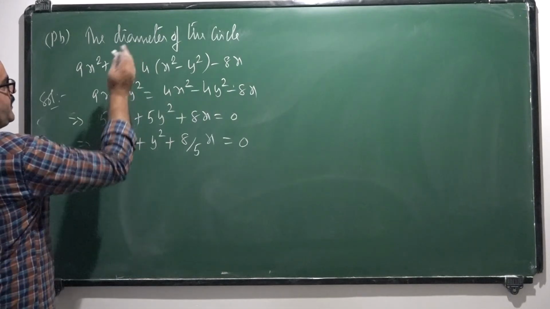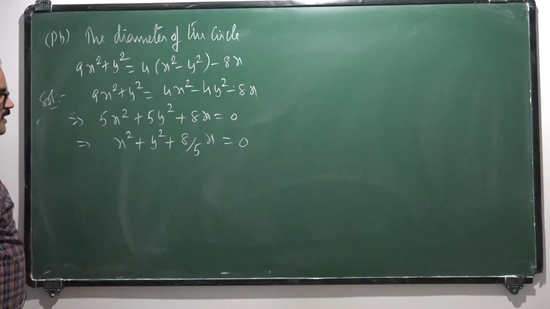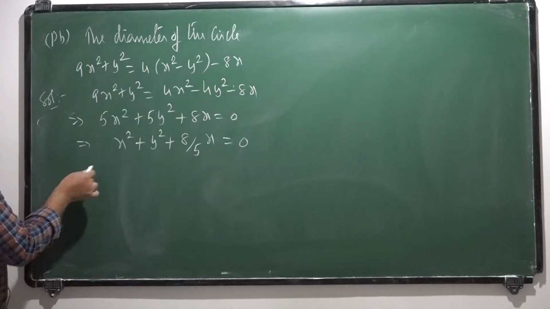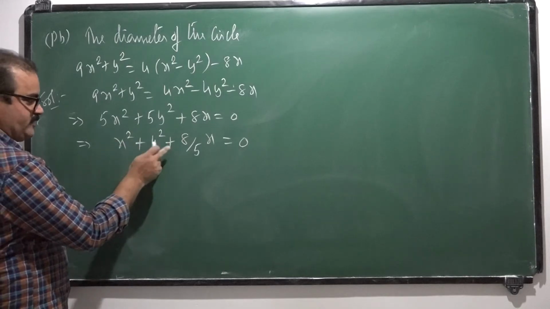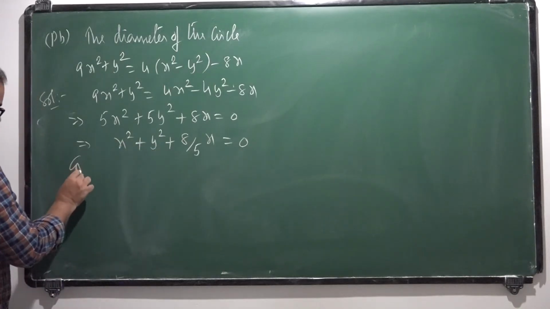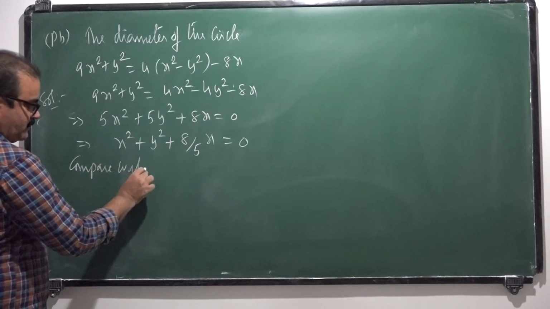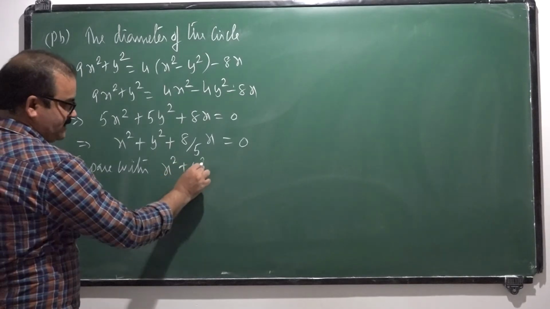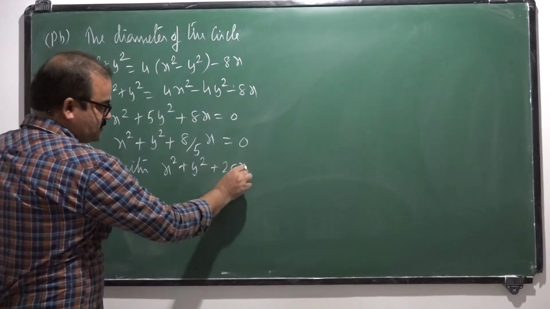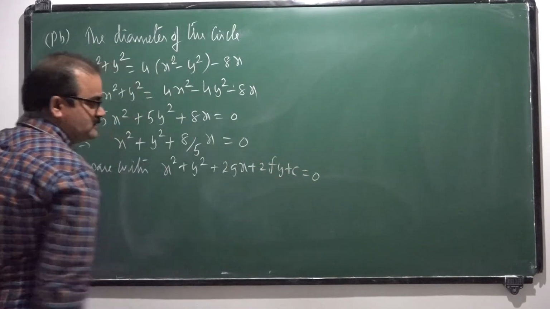First we find radius. If radius is known, then we get diameter. To find radius, you compare this equation with standard form of the circle x square plus y square plus 2gx plus 2fy plus c is equal to 0.